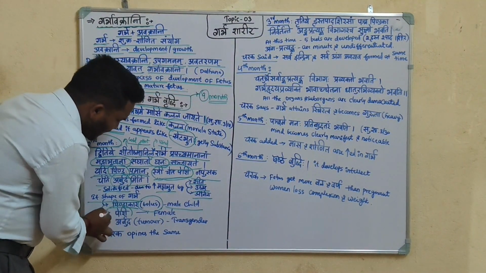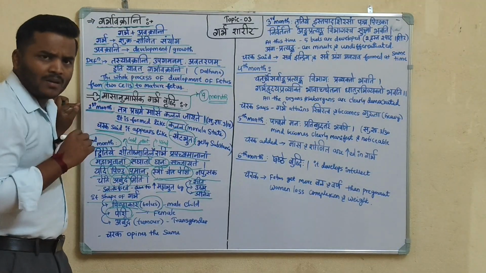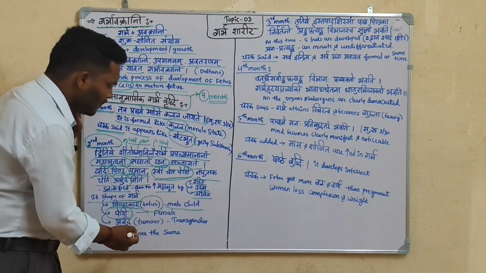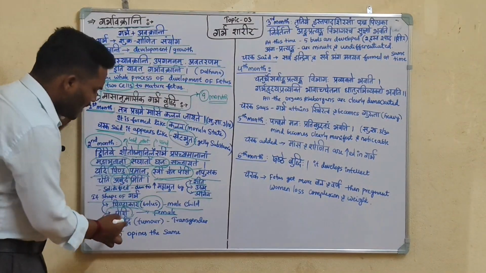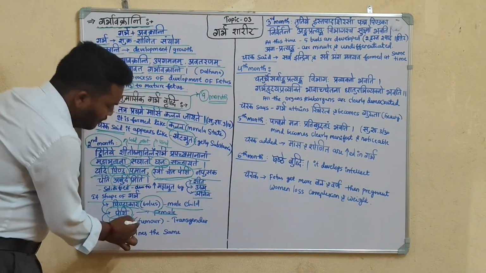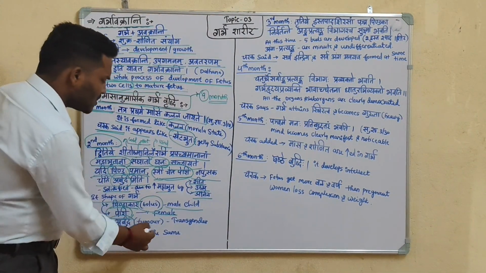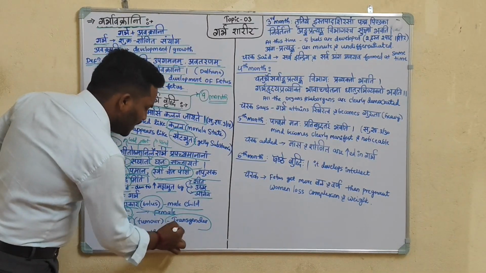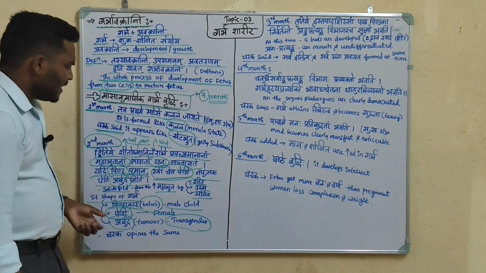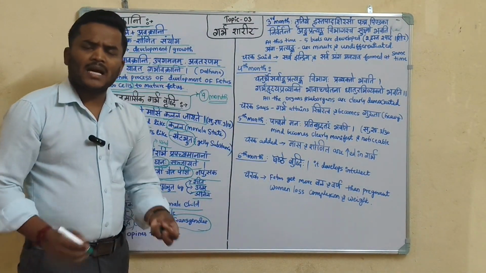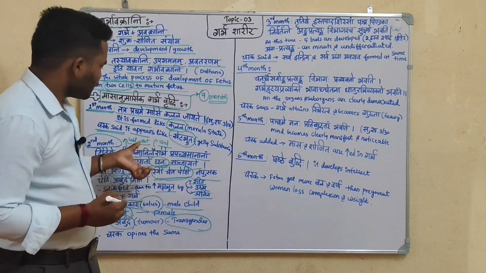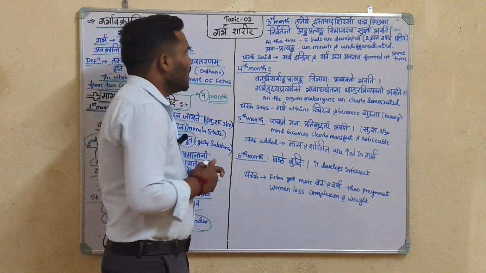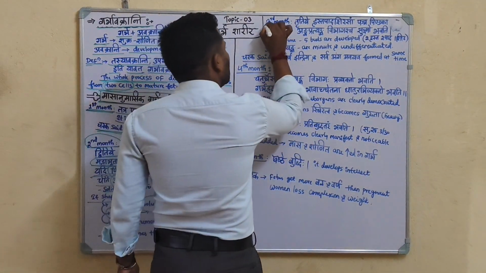If the garbha becomes the peshi form, then it becomes a female child. If the baby is in the arbuda, tumor-like structure, then it becomes a transgender. Acharya Charaka also mentioned the same as Acharya Sushruta explained. Now we discuss the third month.